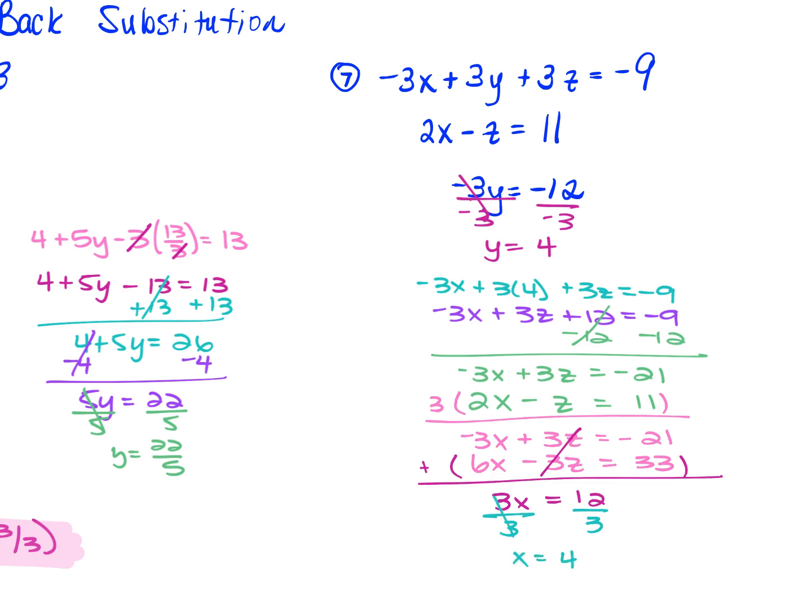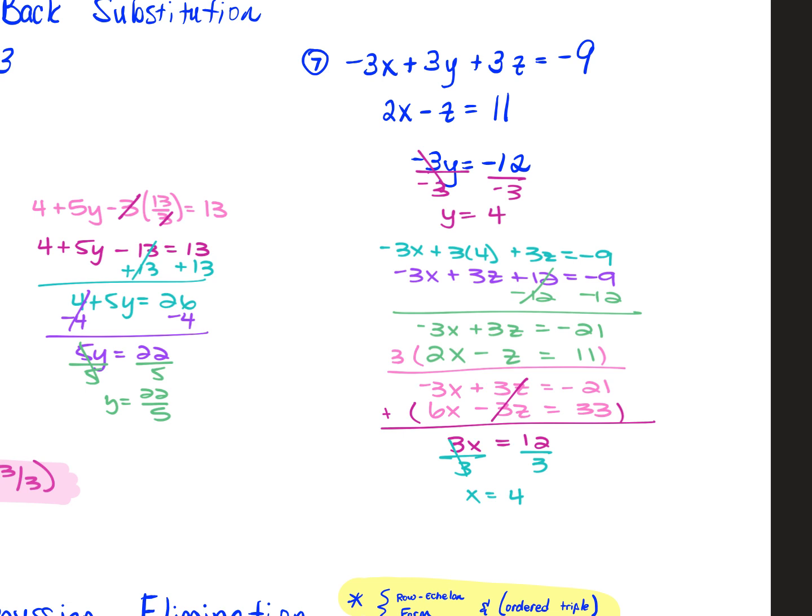So you have a y, you have an x, solve for z. I'd use the 2x minus z is equal to 11. So that's going to give you 2 times 4 minus z is equal to 11. 2 times 4 is 8. Move your 8 over.